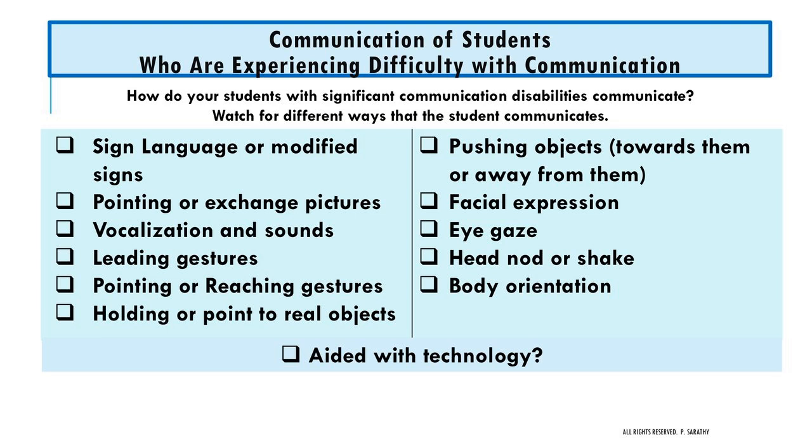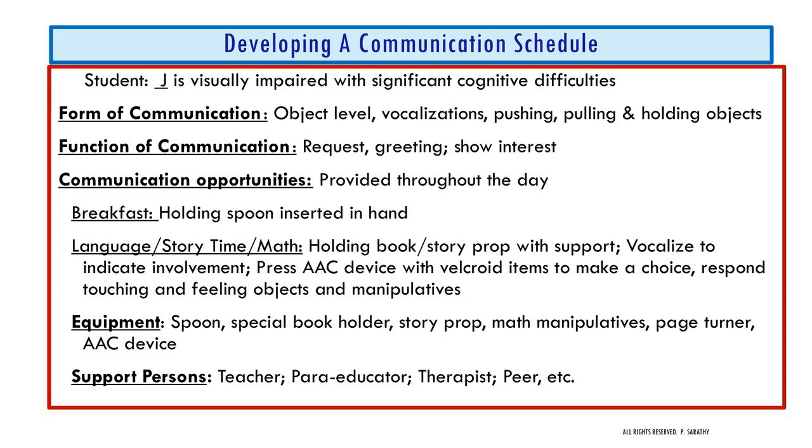Are they using head shake? Are they using body orientation, leaning forward? Are they being aided? All this we have to look at in order to assess and improve the communication opportunities. And based on that, then we have to develop a kind of communication schedule.